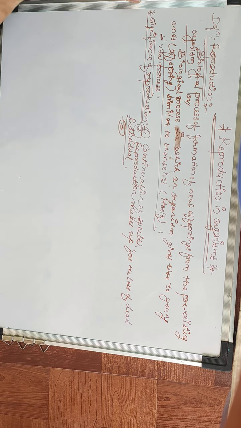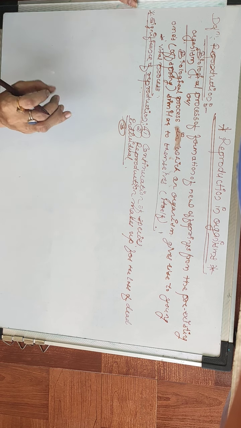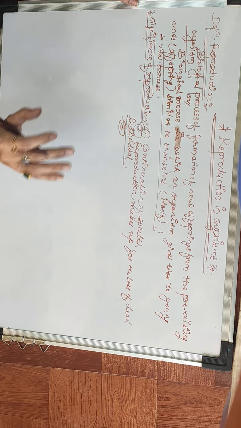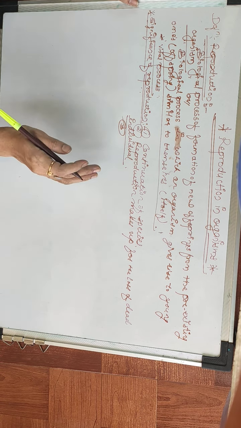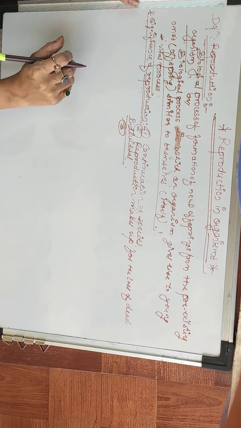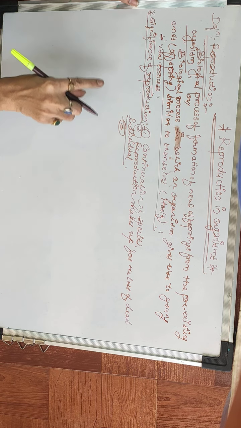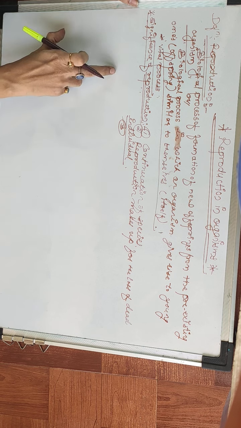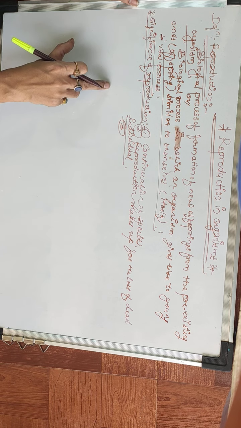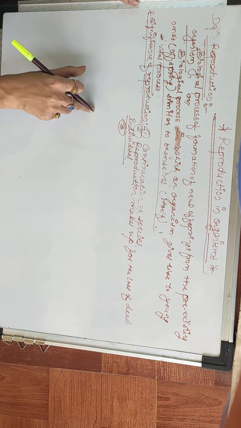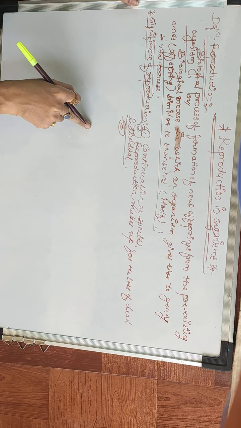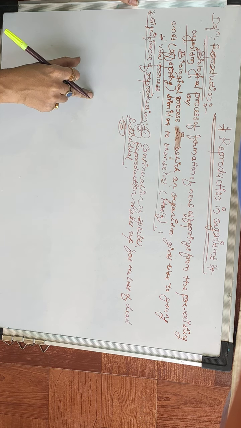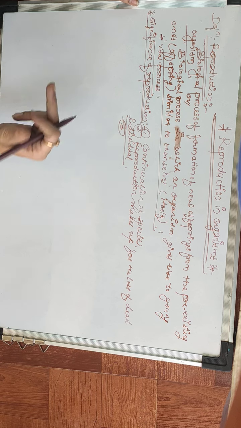The third is that sexual reproduction gives rise to variation, due to which evolution proceeds. As we know, in sexual reproduction, male and female gametes are fused. The male gamete comes from the male side, the female gamete from the female side. So it has characteristics of female, it has characteristics of male, and they fuse to form a new organism.